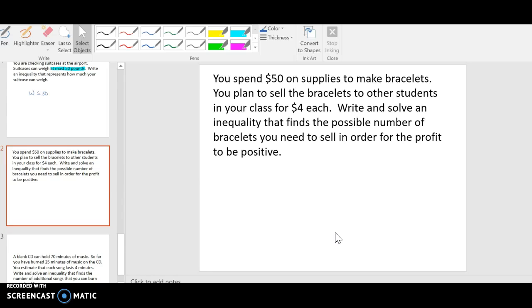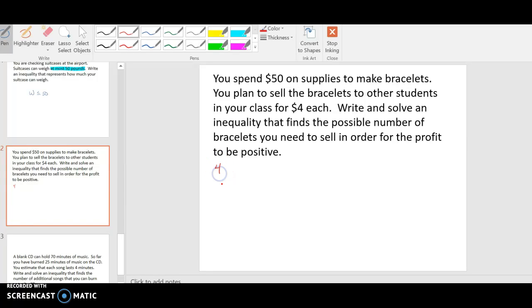You spend $50 on supplies to make bracelets. You plan to sell the bracelets to other students in your class for $4 each. Write an inequality that defines the possible number of bracelets you need to sell for the profit to be positive. Well, here's the thing. How do you figure out how much you bring in?